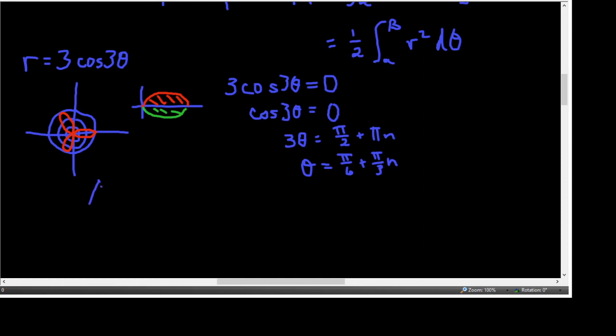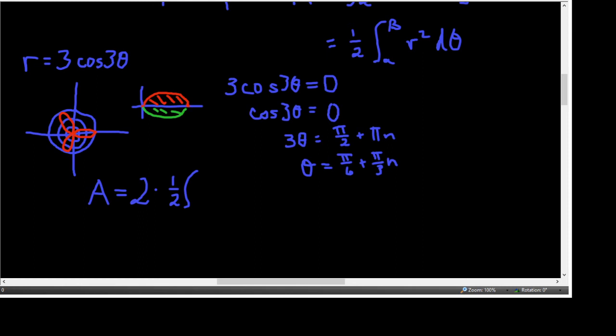So, the area will be 2 times, because we're using symmetry and we're doubling the red area you see above to get the entire area of the red and the chartreuse greenish color. So 2 times our formula, 1/2 of the integral from theta equals 0, which is where we started.